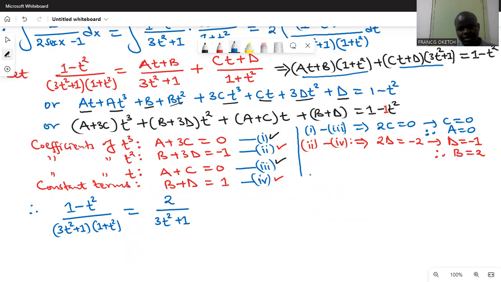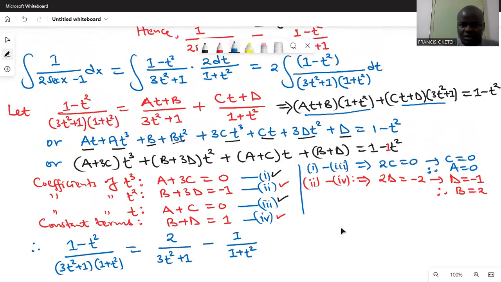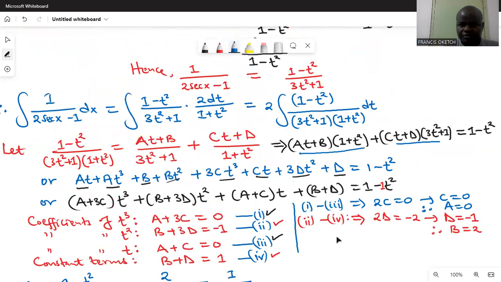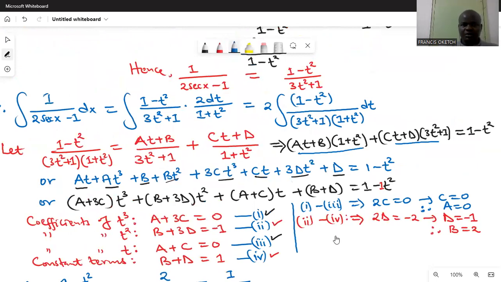Then I have this negative 1, so this will be minus 1 over 1 plus t squared. This is what we need to integrate with respect to t. Go back to our integral; having decomposed the integrand, this is what we need to integrate with respect to t.